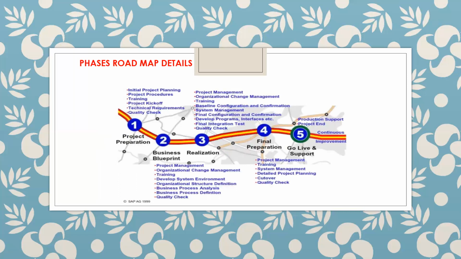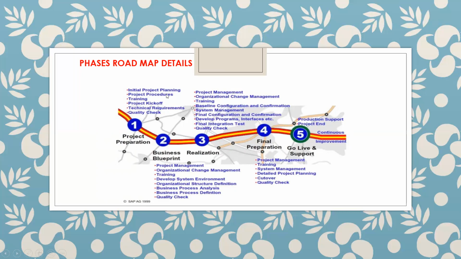What are the different phases of SAP methodology? First phase talks about project preparation. If you observe this slide, I told you the previous methodology had 5 phases, and one more phase comes as the 6th phase, which we will discuss.